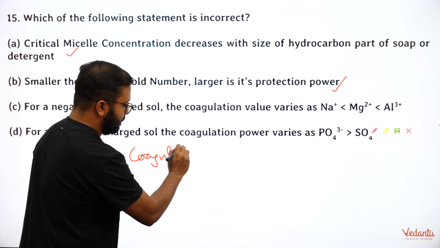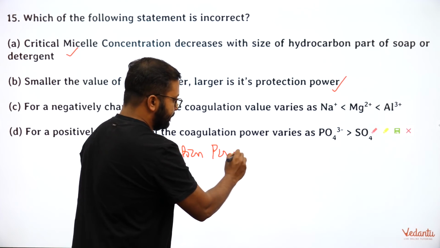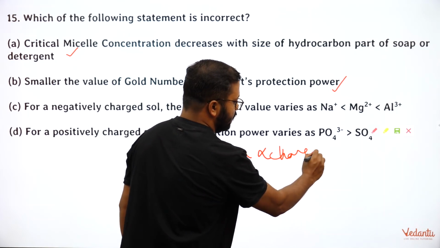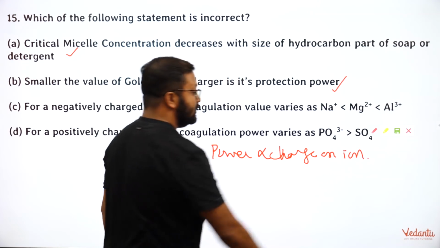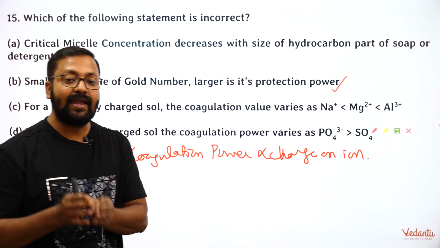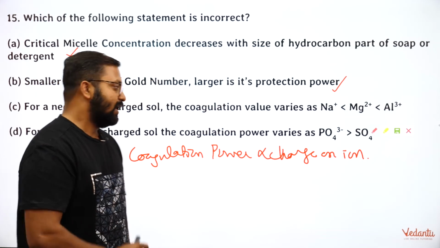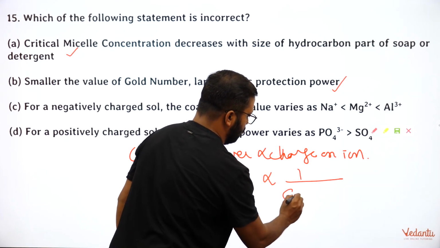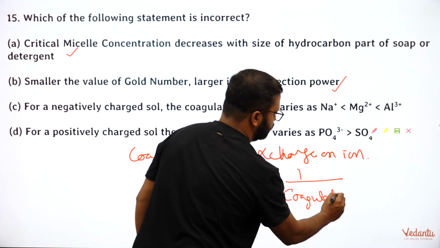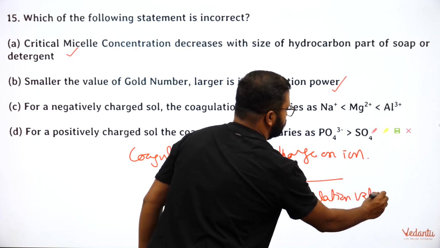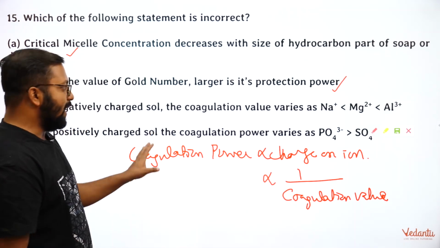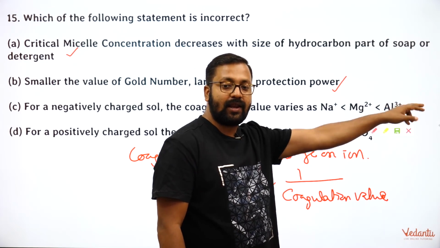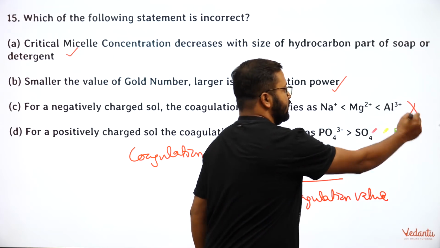Coagulation power is proportional to the charge on ion. जितना ज्यादा चार्ज रहेगा कोएगुलेट करने की ability उतनी ज़्यादा रहेगी, tendency will be higher, and it is inversely proportional to coagulation value. So coagulation power will be highest for this, so coagulation value will be least for Al3 plus. Okay, so this statement is incorrect.